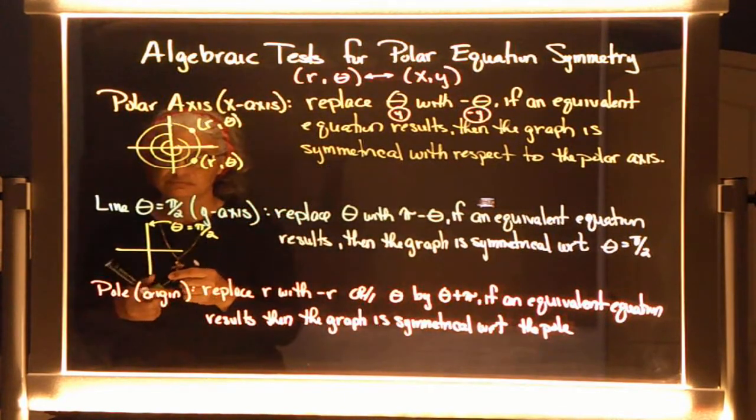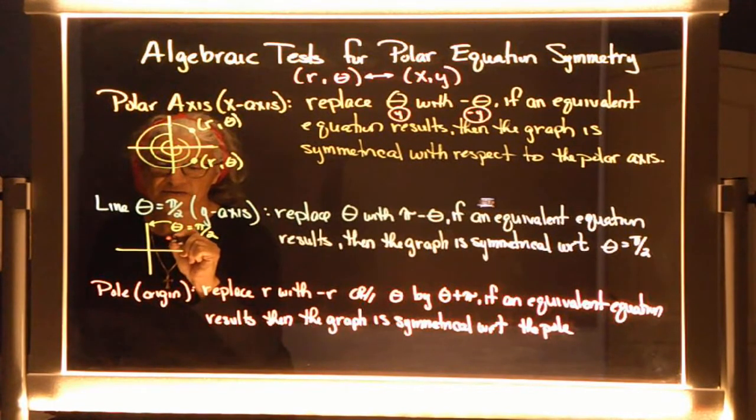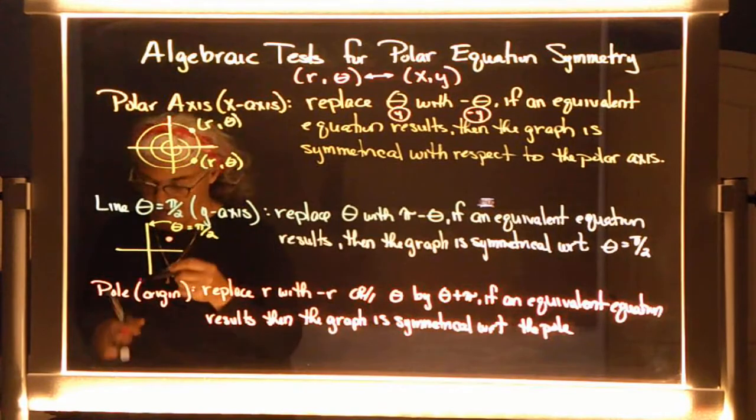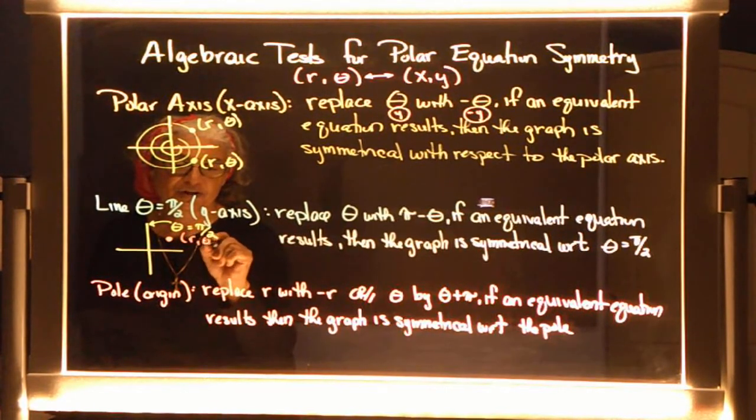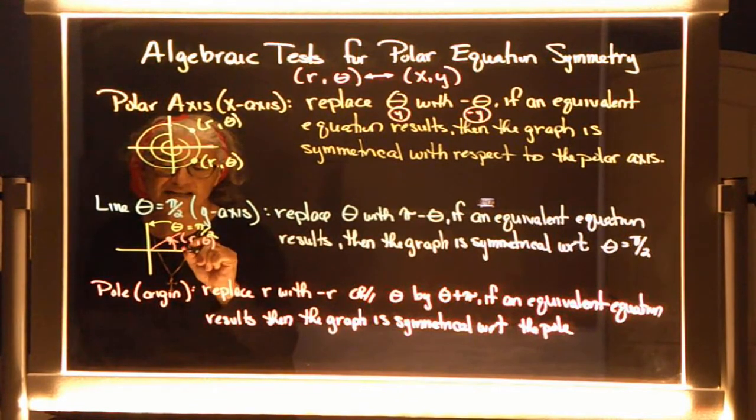So, I once again have this point, and I'll put it right here. And let's pretend the circles are here. I just don't want them in the way right now, because I want you to see what's happening. If this is the point r theta, that means that this is theta up from the polar axis, right?